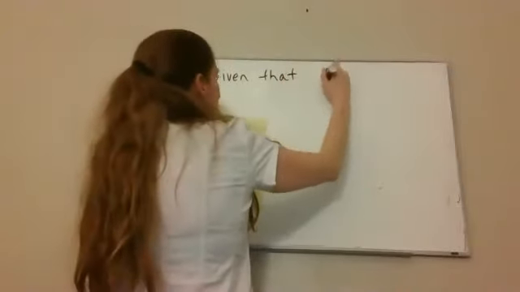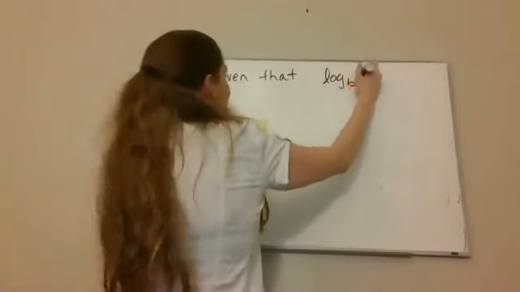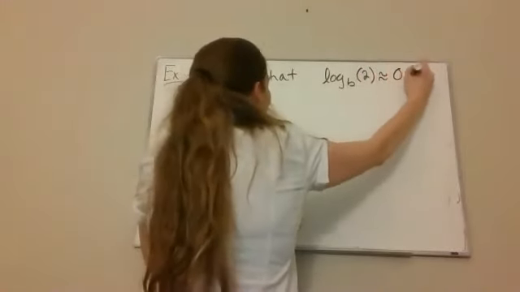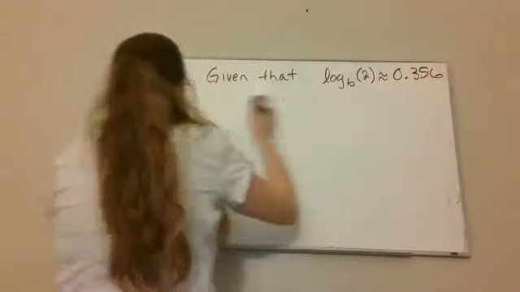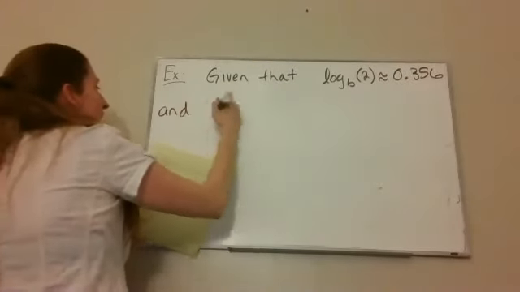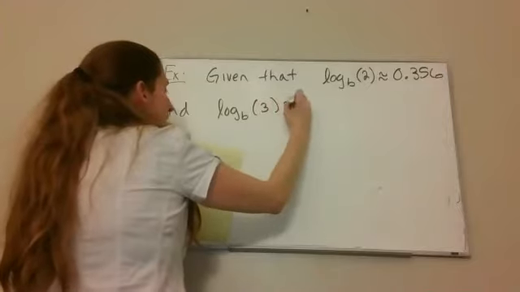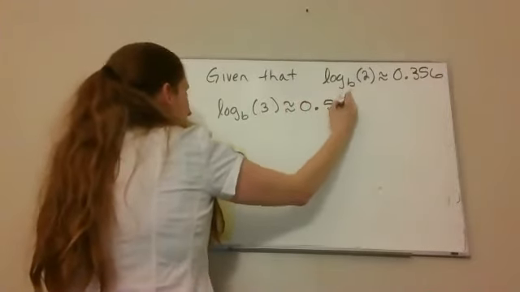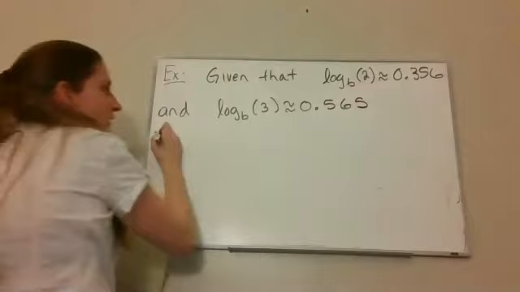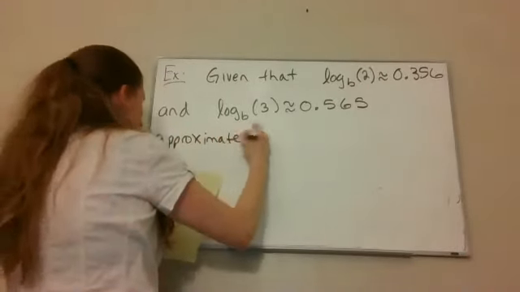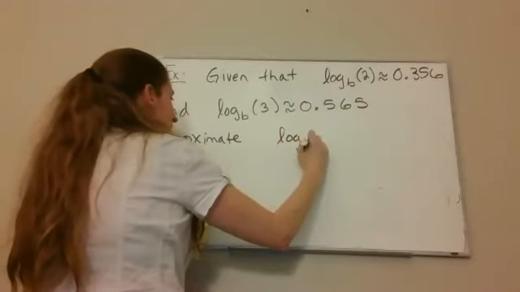given that log base b of 2 is approximately 0.356, and log base b of 3 is approximately 0.565, approximate log base b of 24.